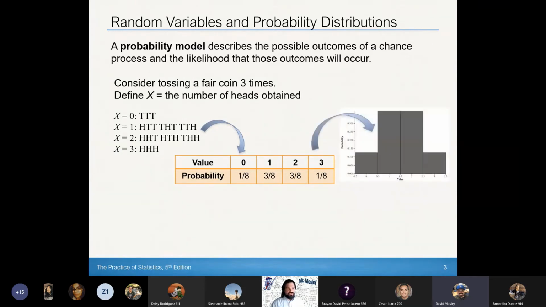We can also choose to represent this with a histogram. Right? That's another probability model to show the distribution. Right? We can have 0, which would be 1/8, 1 is 3/8, 2 is 3/8, or 3 is 1/8 again. Right? We get this symmetric distribution.